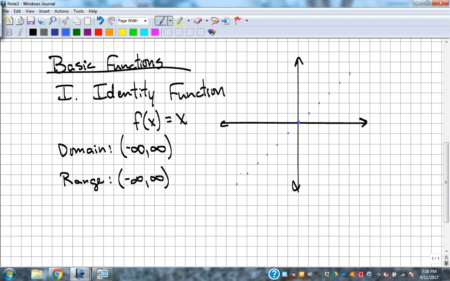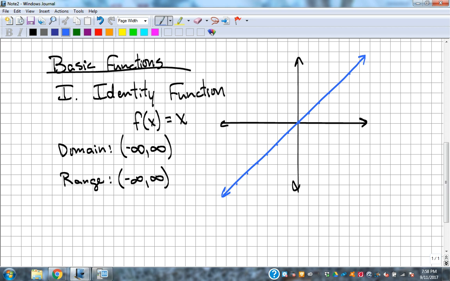The reason it's called the identity function is because no matter what x is, y is the exact same thing. If x is 2, y is 2. If x is -4, y is -4. It's the identity. They match each other.